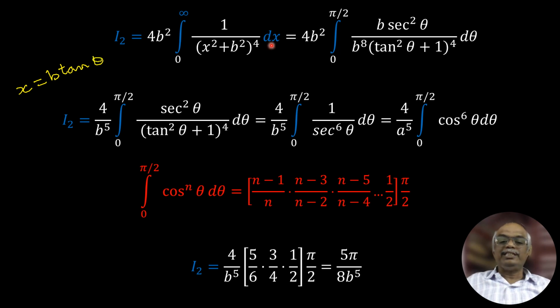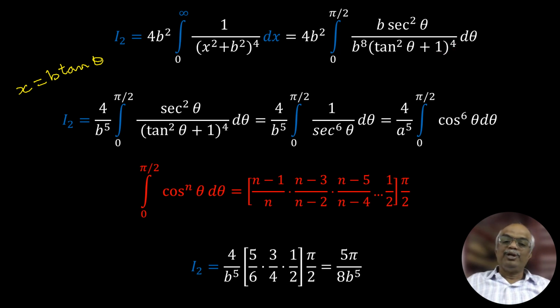So naturally dx will be p secant squared theta d theta, and this will become, you take p squared outside, so this will become already whole power 4, so this will become p power 8 (tan squared theta plus 1) whole power 4.